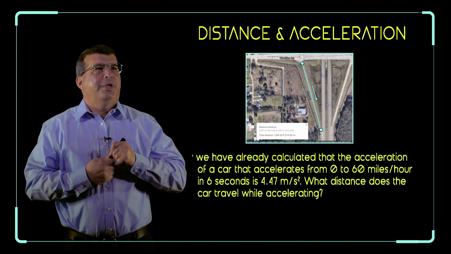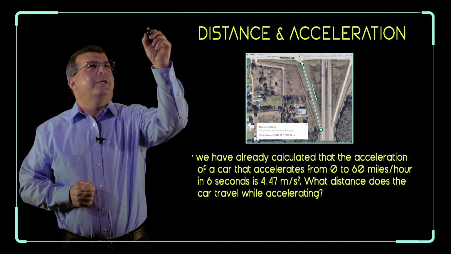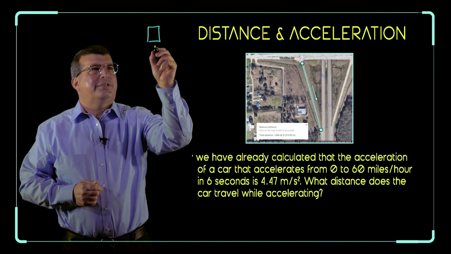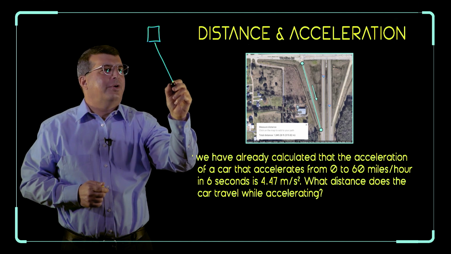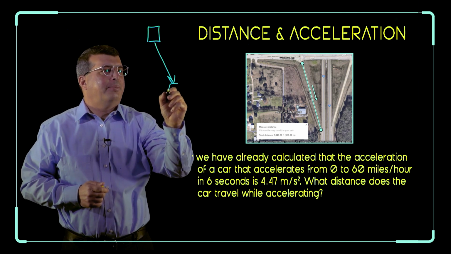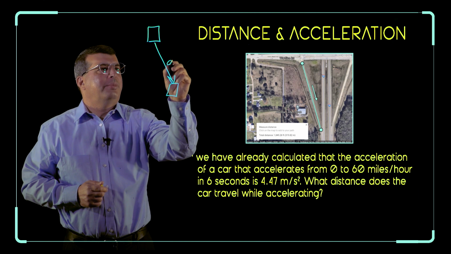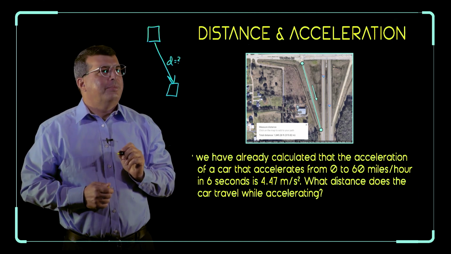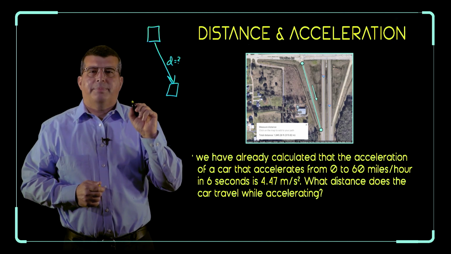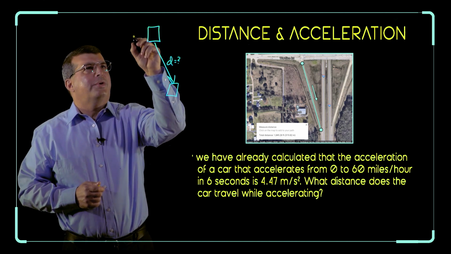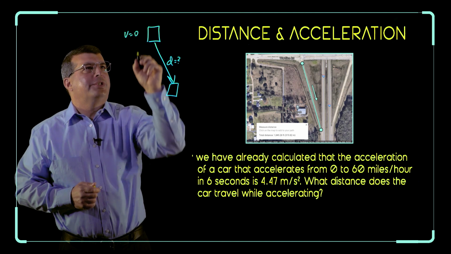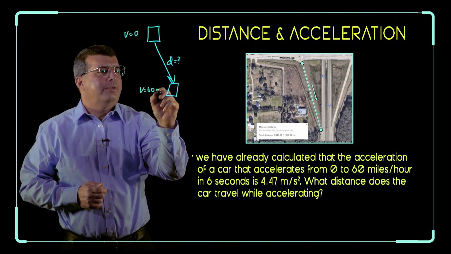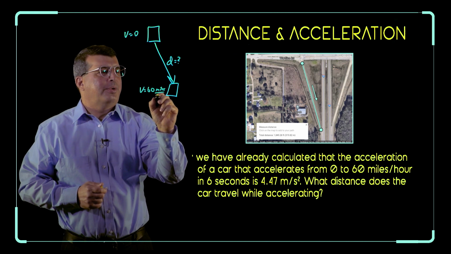Okay, so here is the situation. Here's the car. And in this case, just to follow the picture, I have the car accelerating down a ramp, covers some distance, and it starts from v is equal to 0, to v is equal to 60 miles per hour.